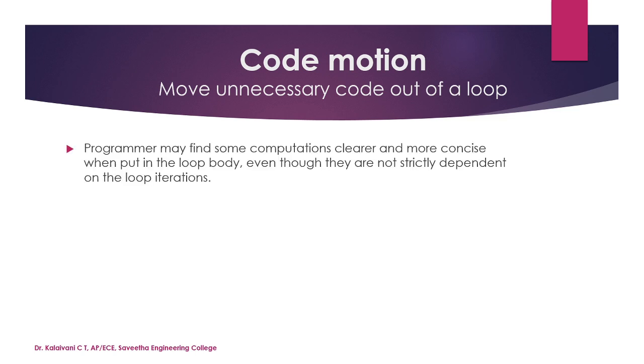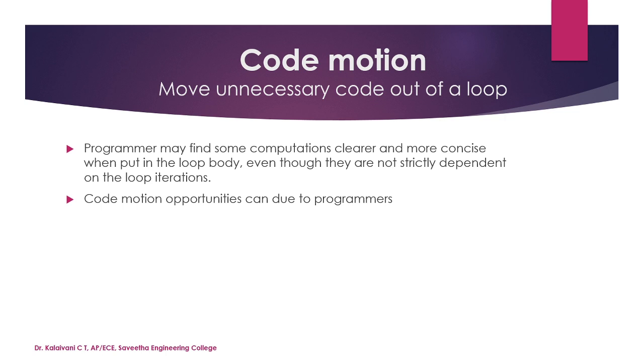When the programmer writes a program, he thinks that this line is very important and will come inside the loop. But someone must examine that program and find that this line is not needed inside the loop. That is the optimization process, thinking out of the box from the programmer's view.